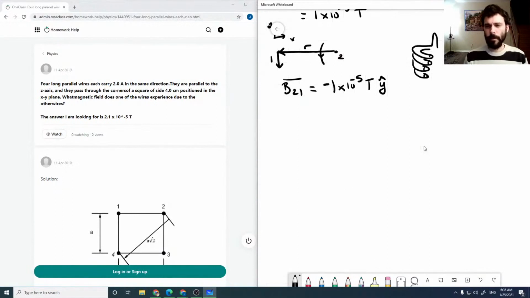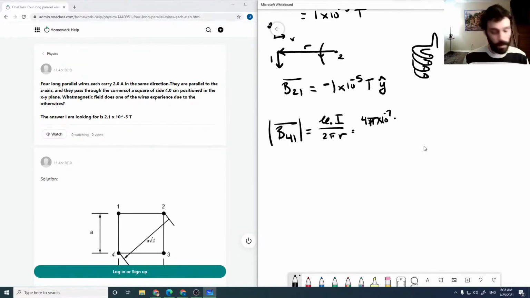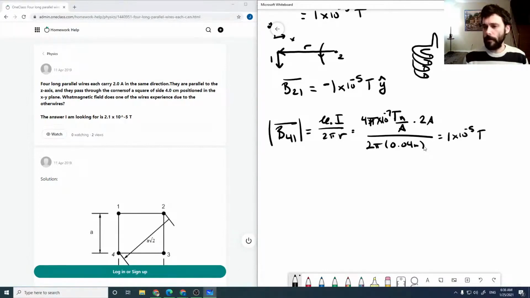So B41 magnitude is mu naught I over 2 pi r, which is 4 pi times 10 to the minus 7, I should have put some units on there, but that's going to be just Teslas meters per amp, times 2 amps over 2 pi times our 0.04 meters, which is again 1 times 10 to the minus 5 Tesla.